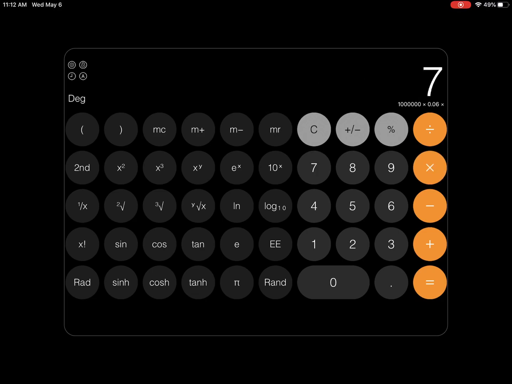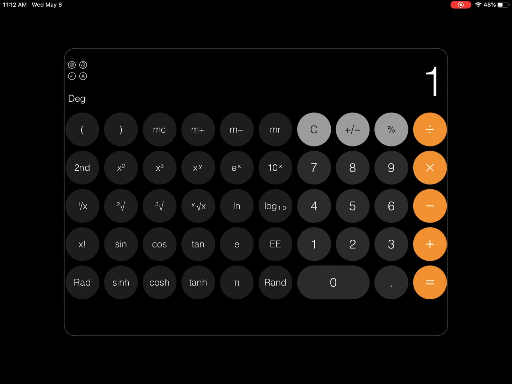We go 1 million, multiply it by the 6%, and multiply it by 7. That's how much interest you would earn after 7 years: $420,000.